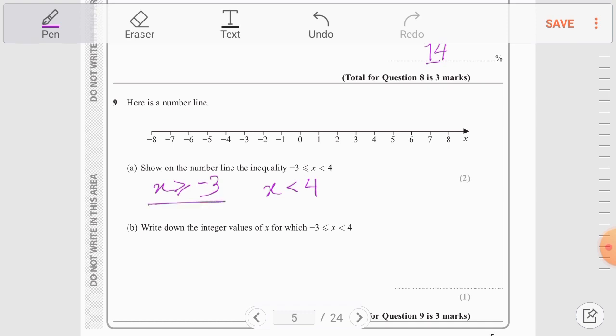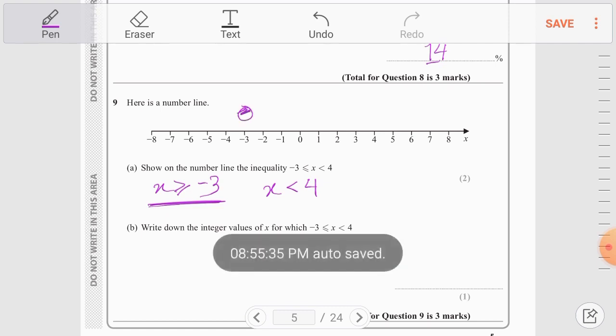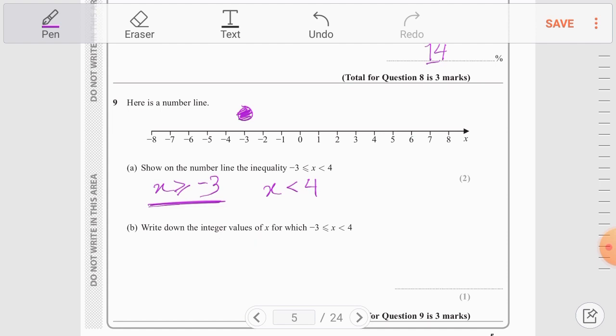I'm going to do this one first, as it shows that x is greater than or equal to negative 3. So I will draw a circle on negative 3 and fill this circle. I'm filling it because it says that x is greater than or equal to negative 3, so the arrow would move towards the right.